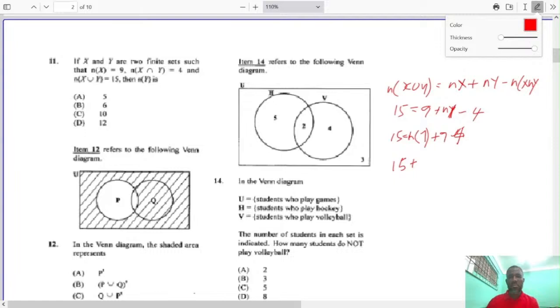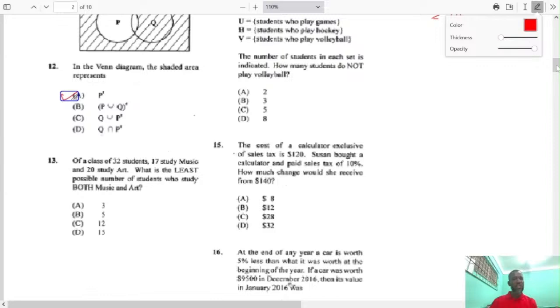13. It says in a class of 32 students, 17 study music, 20 study art. What is the least possible number of students who study both? So again, we apply the same concept that we learned earlier.